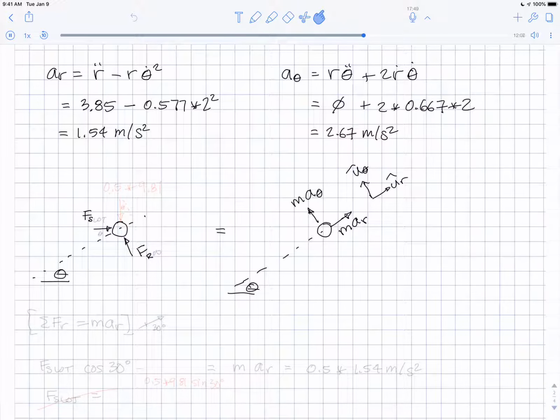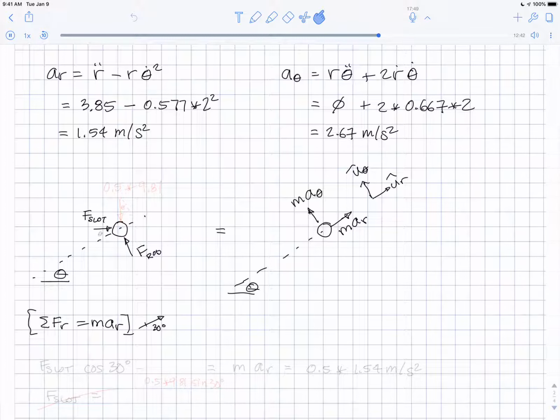I'm going to do r and theta components. Just so we don't get confused, this F_R here stands for rod and slot, not radius and theta. Let's take some forces in the r direction, and also the accelerations in the r direction. r is positive out that way, and again, theta is 30 degrees.